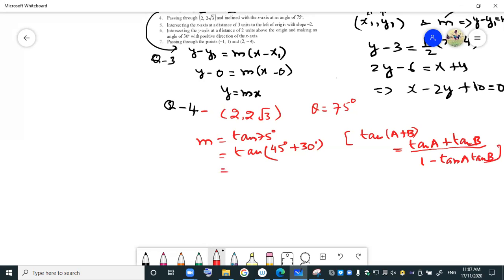Using it, tan 75 degrees is equal to (tan 45 degrees plus tan 30 degrees) divided by (1 minus tan 45 degrees into tan 30 degrees).